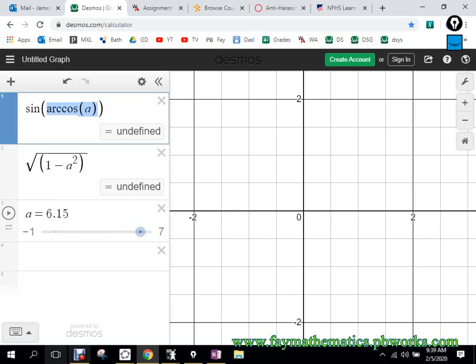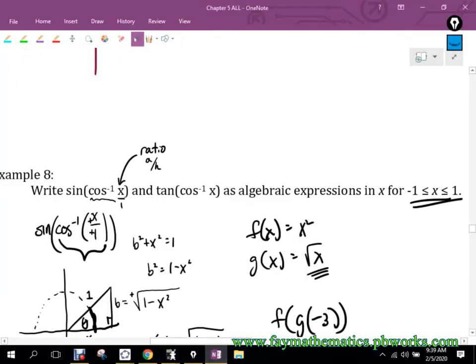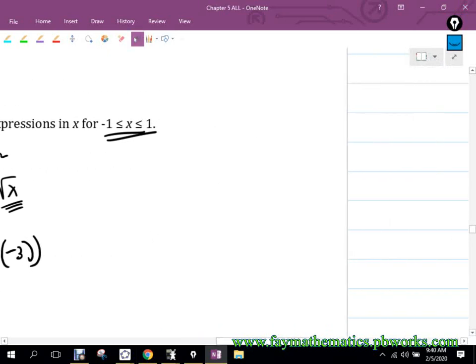And that problem, but what if, let's do this next one. Let's go tangent of cosine inverse of x. Tangent of cosine inverse of x.